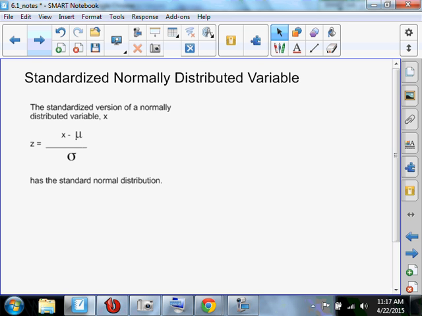And then you divide that by the standard deviation. Okay, so that's how you calculate a z-score. I'll leave that up there another minute. We'll go back to the exercise and we'll see what happens.